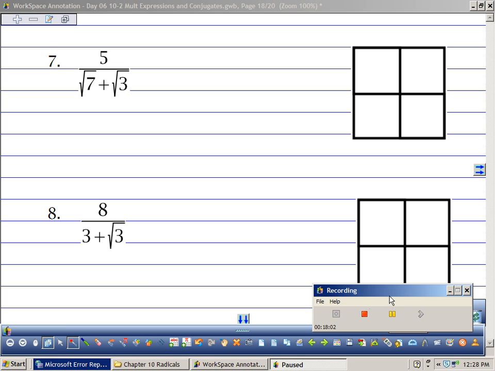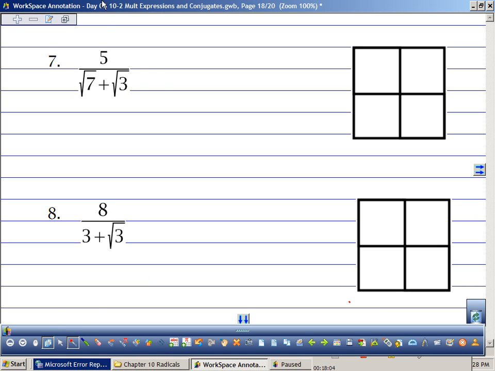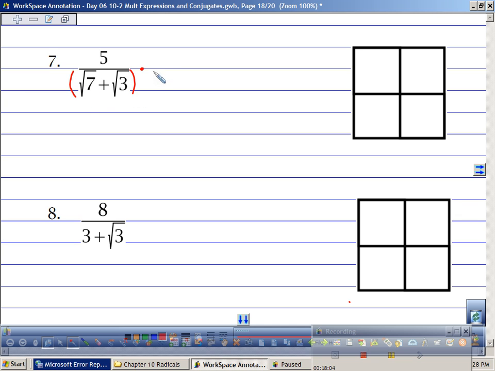Write these two down. Okay, so in order to rationalize the denominator, don't I have to make this the difference of two squares? You see it now?